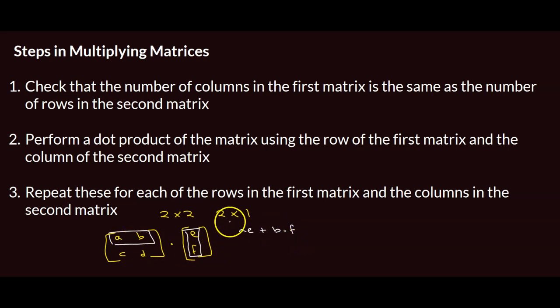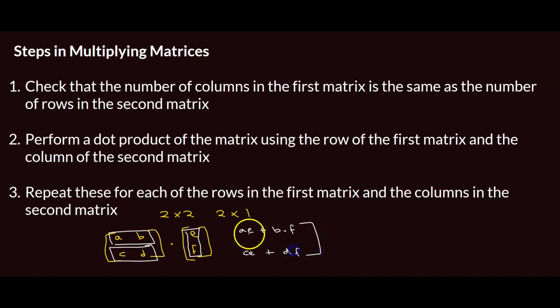You're going to see why the rules that we discussed earlier are important. And then for this also, this is only one column, so that's why we're doing it only once. So this is going to be CE plus DF.